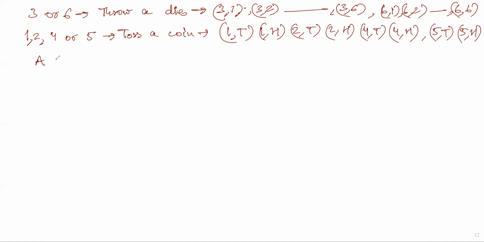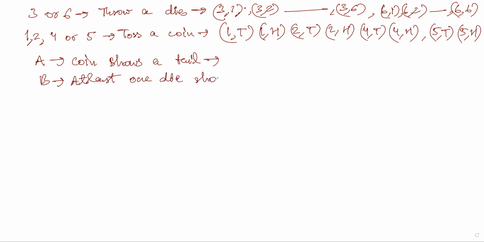Now we have defined events. What do A and B represent? A is the coin shows a tail, and B is at least one die shows a 3. So if the coin shows a tail, what are the favorable events?